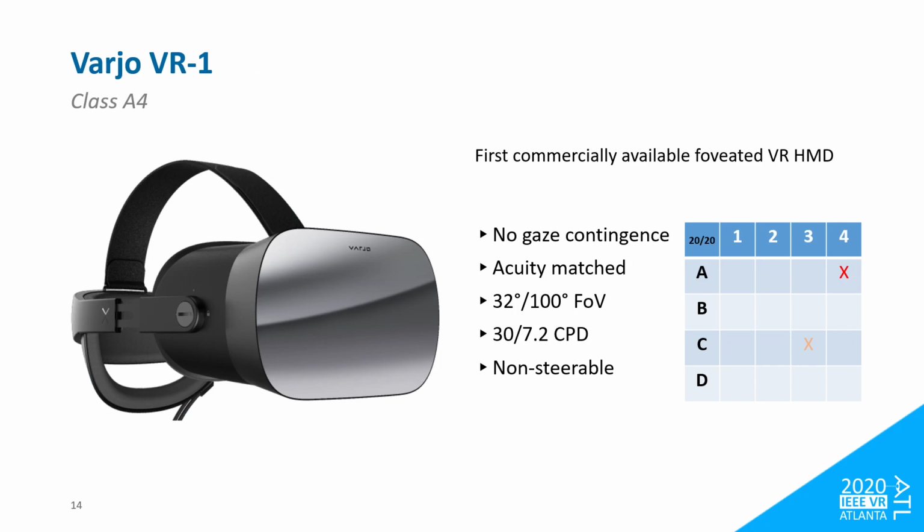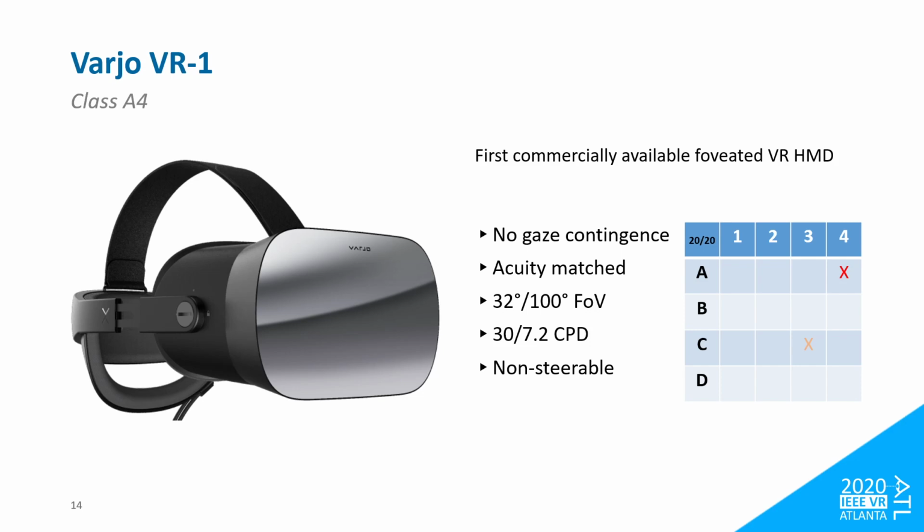Varjo, which released the first commercial foveated display, embeds a high resolution inset alongside fairly standard wide field of view periphery. At least publicly, they have not yet shown movement to respond to users' gaze. Thus, we give them the classification A4.